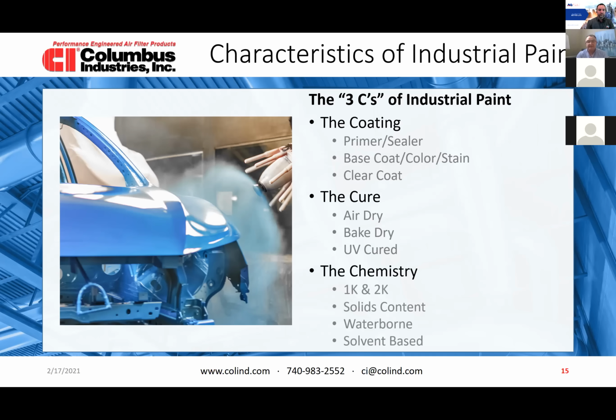The third C is the chemistry. Some paints are one component. Some paints that are applied are two components. You'd have the paint and then a catalyst, or a paint and a hardener. It depends on the type of paint that you're using. Another chemical factor of the paint itself is the solids in the paint.